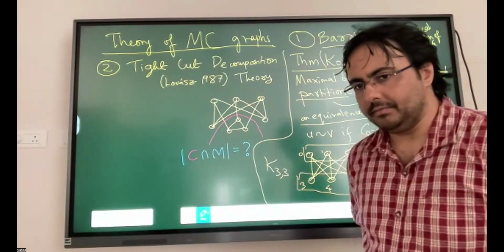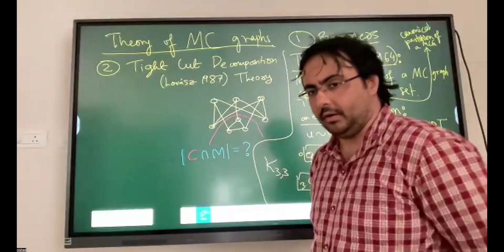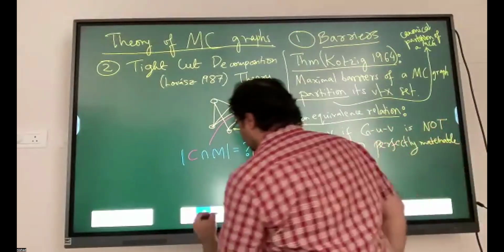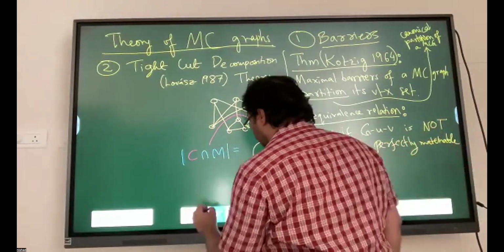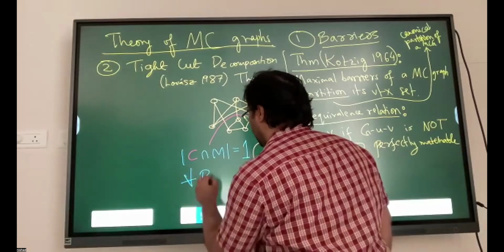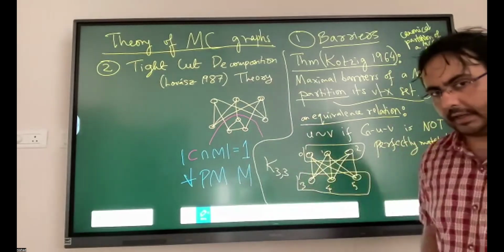Must be an odd number. Yes, that is correct. So therefore, there are two possibilities, either 1 or 3. And it is not 3, it is 1. Exactly. So observe that for every perfect matching, the intersection is exactly 1.